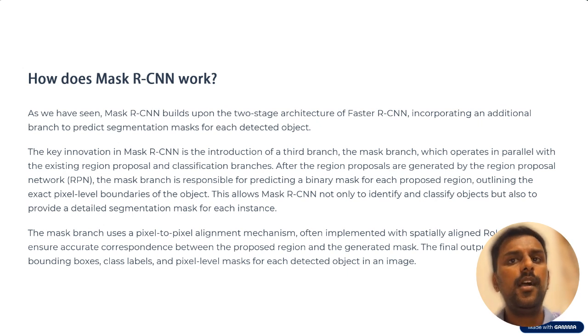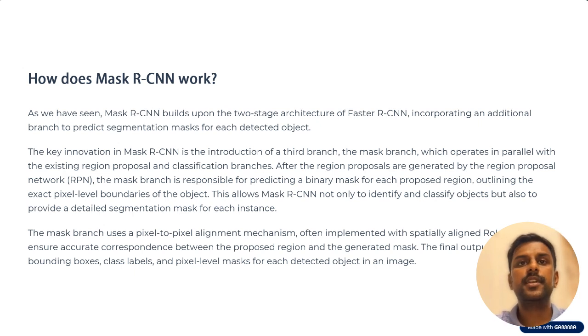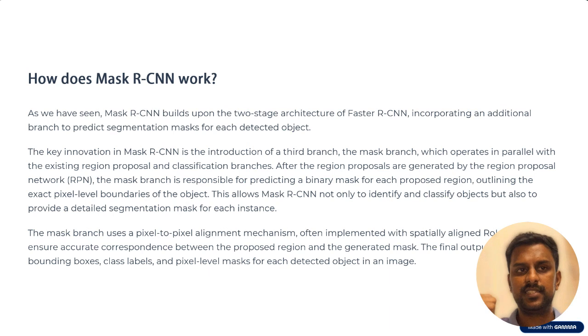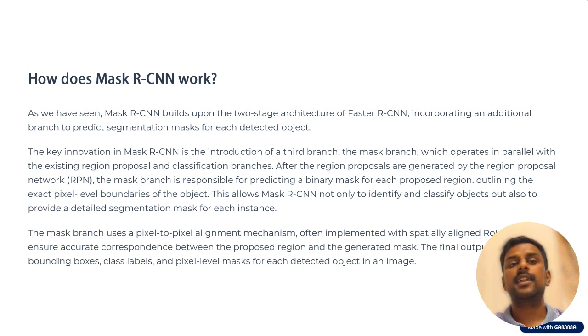After region proposals are generated by the region proposal network, the mask branch is responsible for predicting the binary mask for each proposed region, outlining the exact pixel level boundaries of the object. This allows Mask RCNN not only to identify and classify objects but also to give a detailed segmentation mask of each instance. The final output will be bounding boxes, class labels, and also the pixel level masks of each detected object.